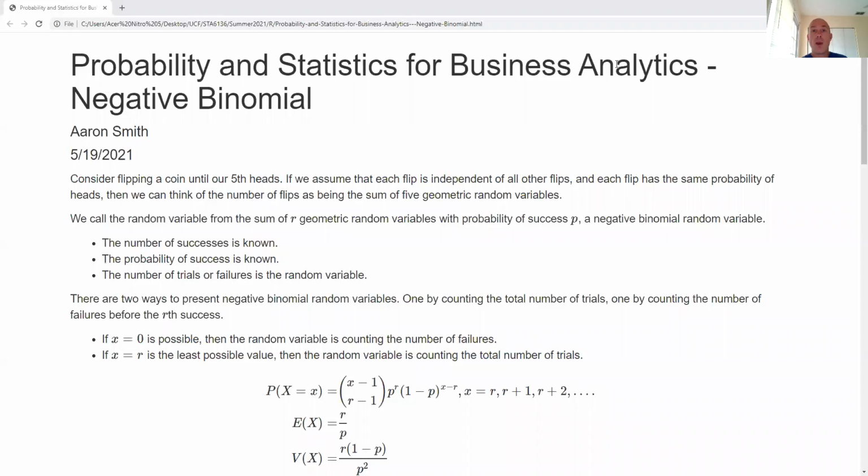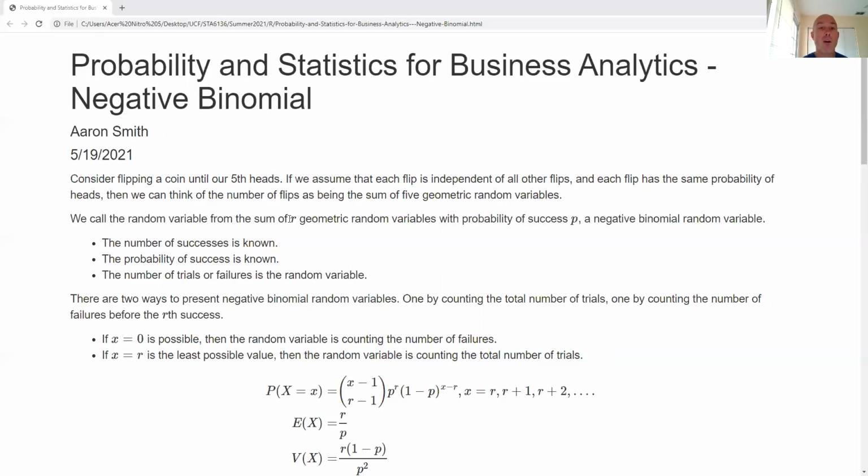One thing we need for this is to be able to assume that each trial, each flip of that coin, is independent of all other flips, and they have equal probability of being heads, or success. Here we're going to make this a little bit more general. We're not going to worry about the 5th flip of heads.